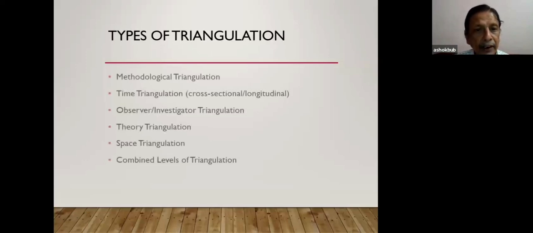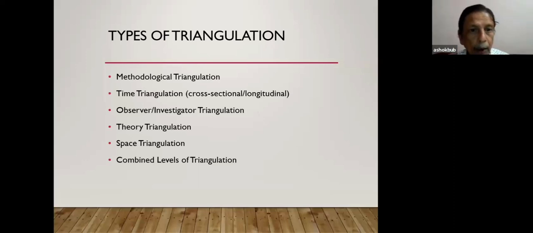And triangulation can be methodological triangulation. Now, what do you mean by that? Some time back, I was giving an example of different methods being used. You use the interview method, the questionnaire method, and you also make use of focus group discussion.